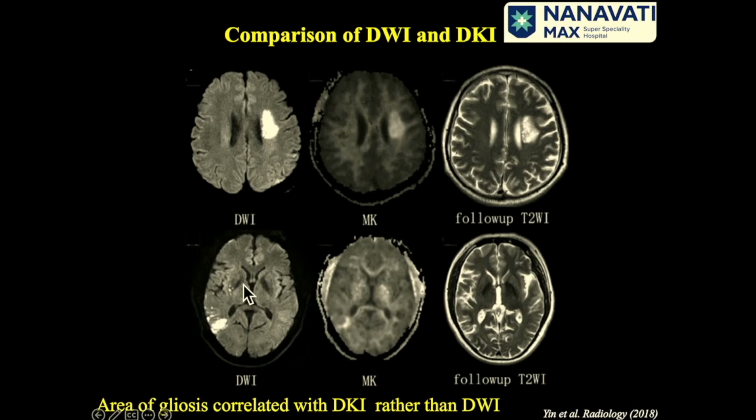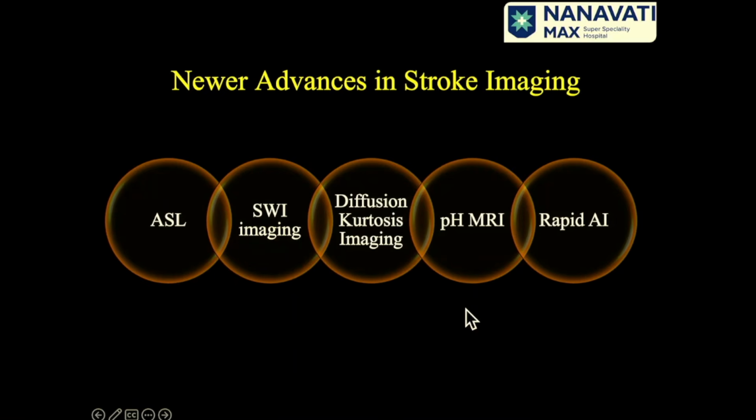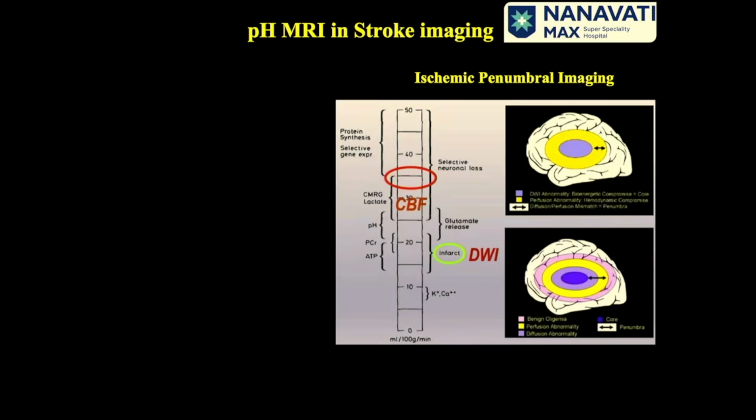You have a patient with posterior watershed hyperacute infarct. Follow-up shows that the diffusion kurtosis abnormality has become scar. Diffusion abnormality has got reduced quite significantly. So diffusion kurtosis imaging identifies core much better than the standard diffusion imaging.